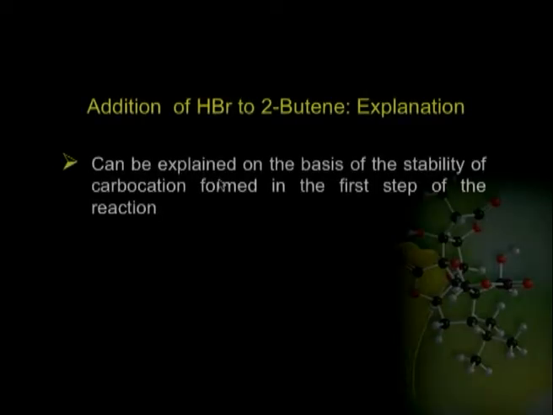And what is the explanation we give for the preferred formation or the Markovnikov addition of the hydrogen halide to alkene? This can be explained on the basis of the stability of carbocation which is formed in the first step of the reaction.